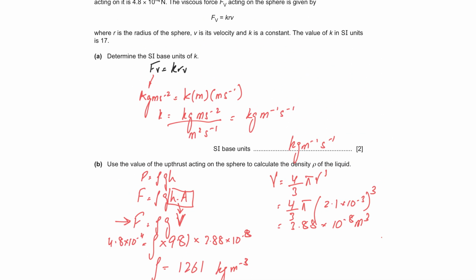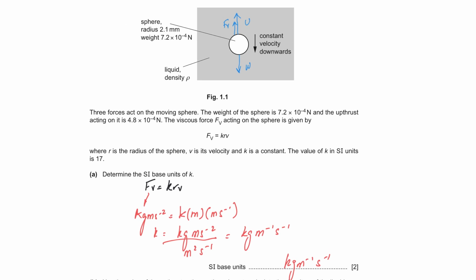The problem is we don't have the viscous force, but we can find it, because the viscous force plus the upthrust is equal to the weight. We can use that to calculate the viscous force. So let's do that first.